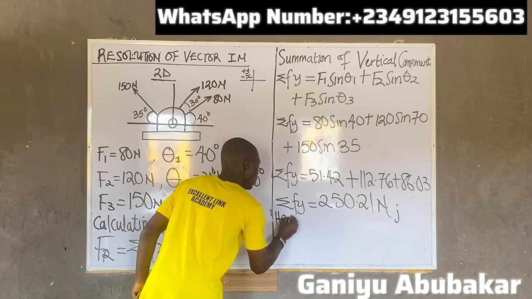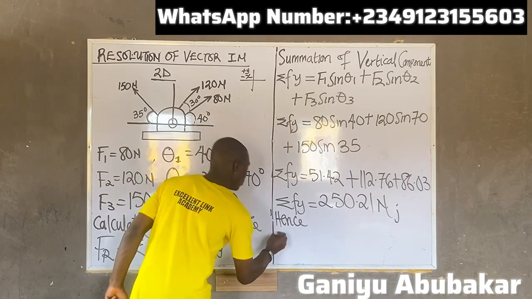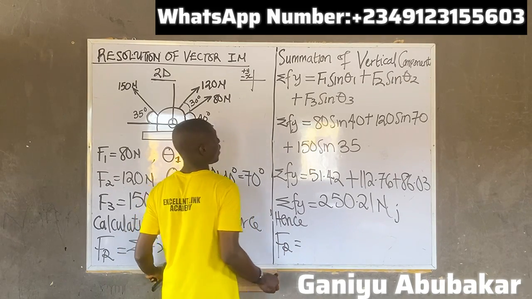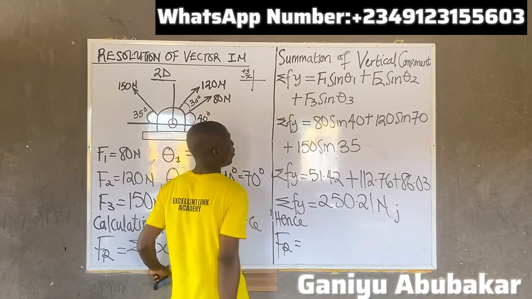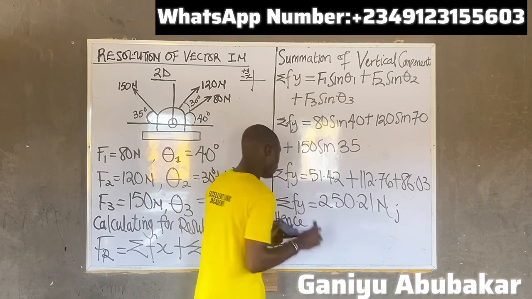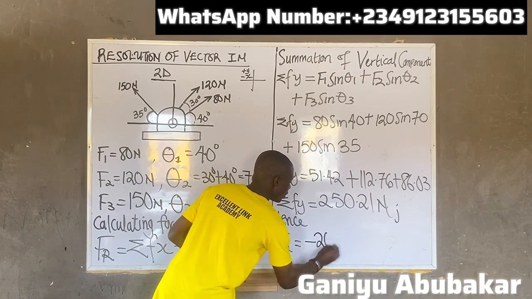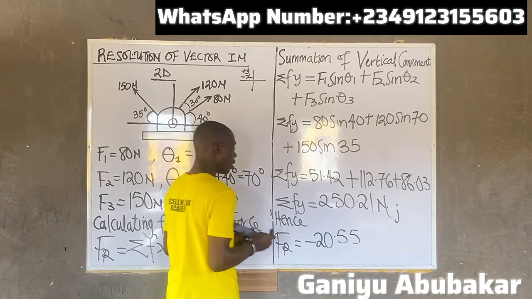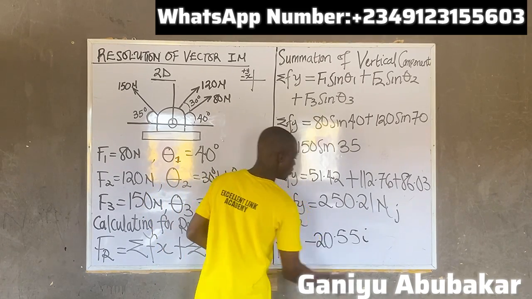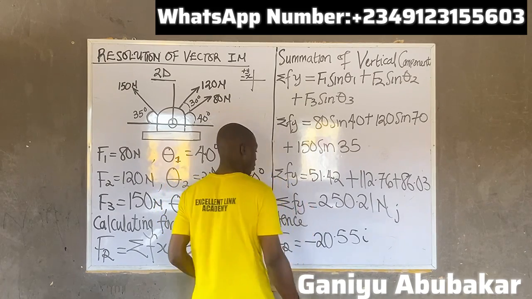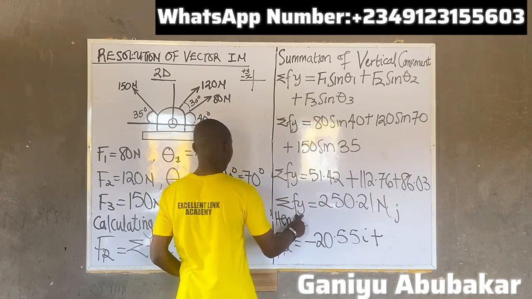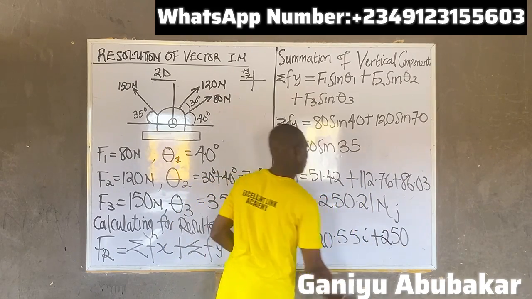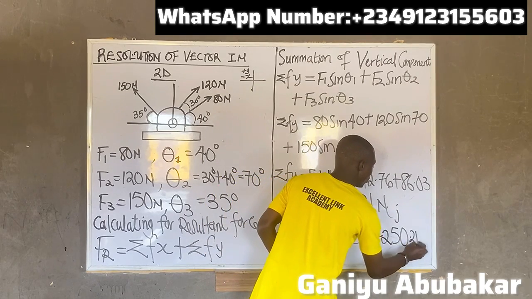Let's get the resultant first. Hence, the resultant force, that is F_R, is equal to summation F_x. F_x has been calculated, so F_x is negative 20.55 i in vector form, plus F_y, this one here, is about 250.21 j.